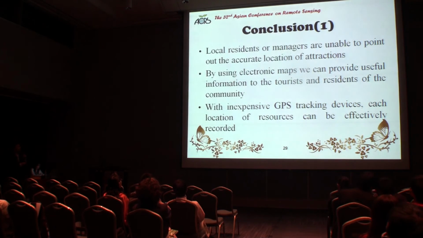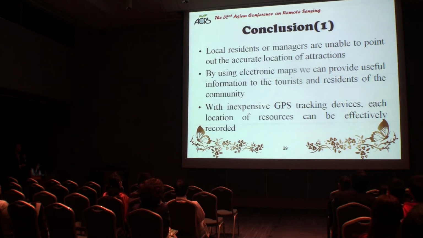In conclusion, sometimes local residents or managers are unable to point out the accurate location of attractions from general maps. So, by using electronic maps, we can provide useful information to the tourists and residents of the community.